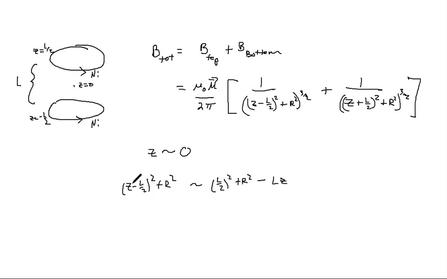There's another term which goes like Z squared, but if Z is small, these are the dominant terms. And similarly, Z plus L over 2 squared plus R squared should be pretty close to L over 2 squared plus R squared plus LZ.